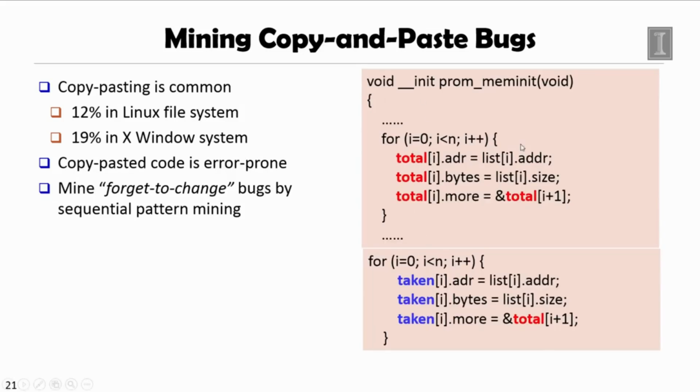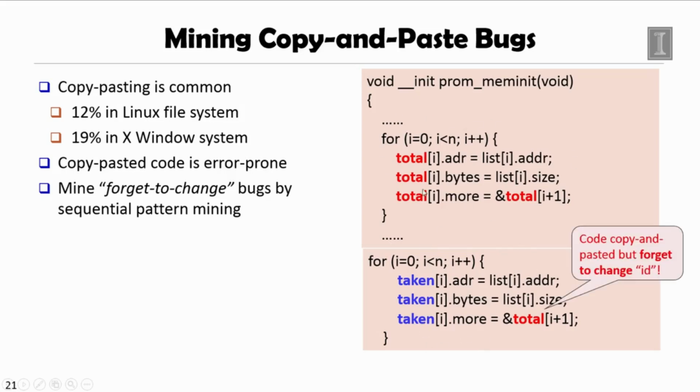If you see the upper part, the for loop, and the lower part, another for loop, these two are mostly the same, but there's something changed. So likely the second part was copy and pasted from the first part and then some changes were made.